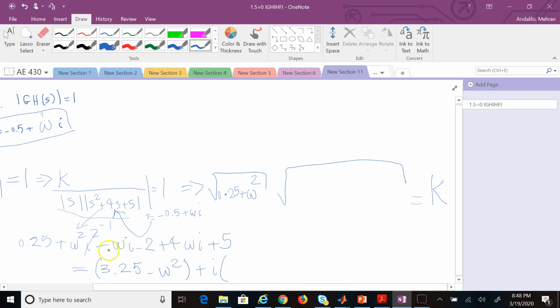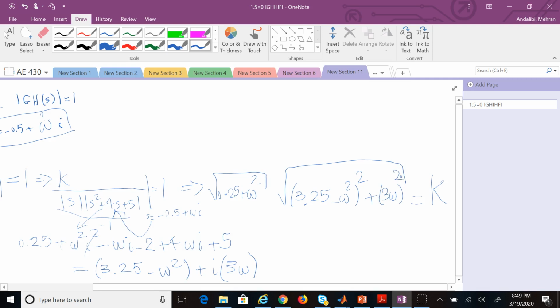It's 4 omega I minus 1 omega I, so it's going to be 3 times omega I. And now what is the magnitude of this whole thing? Of course, it is the real part squared, so 3.25 minus omega squared, the whole thing squared, plus the imaginary part, 3 omega, squared.